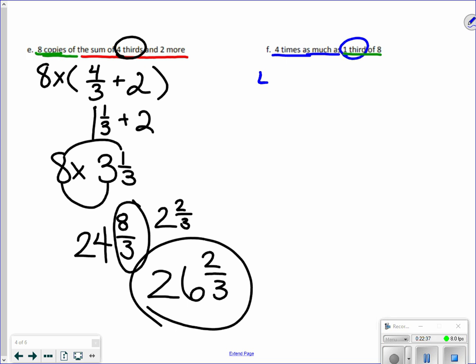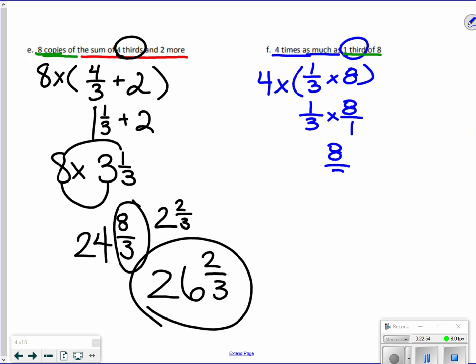Okay. 4 times as much as 1/3 of 8. 1/3 times 8. 3 cannot go into 8, so you just have to do it. 8/3. 4 times 8/3. Now you can just go across and get 32 over 3, and then you'll get 10 2/3. That's actually easier than doing it the other way.